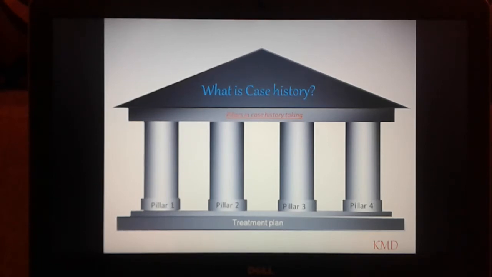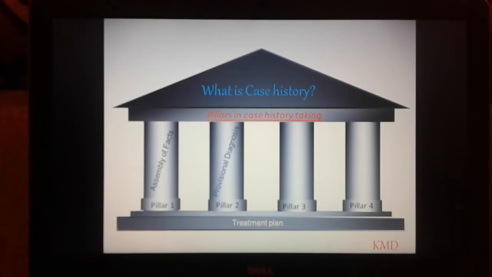There are 4 pillars in taking a case history. The first pillar being to assemble all the available facts gathered from statistics to chief complaint to medical history, including dental history and the diagnostic test. The second pillar constitutes the analysis and the interpretation of these assembled clues to reach a provisional diagnosis.